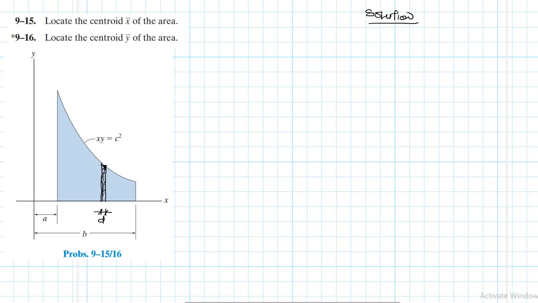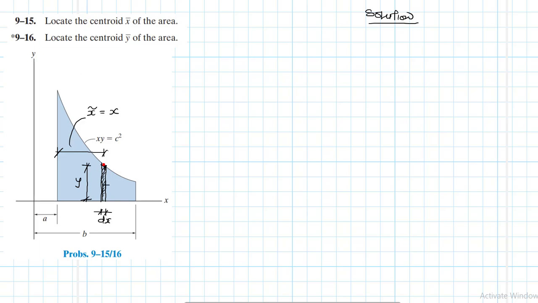Okay, there we go. This is our dx. And then we know that this one here is going to be our y. And then the centroid position of this particular strip in the x direction, x curled, is equal to x.